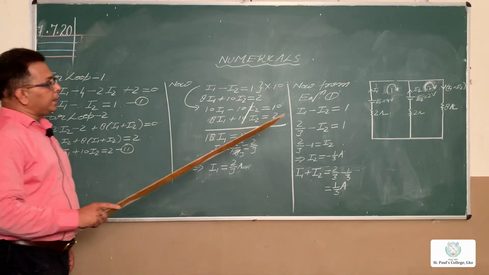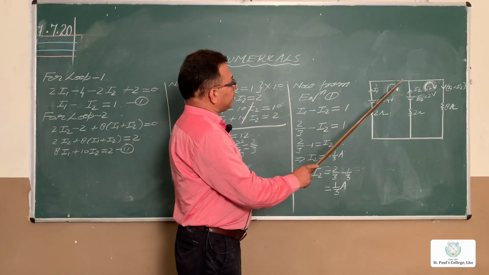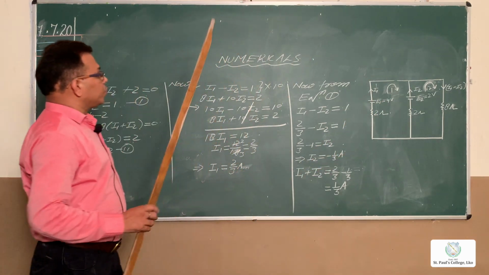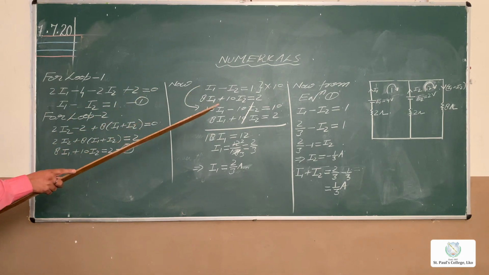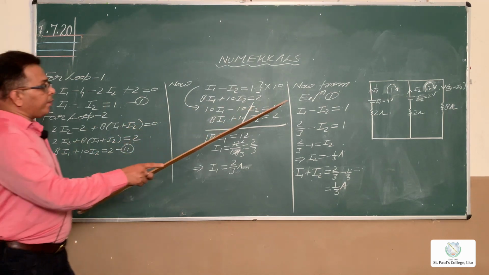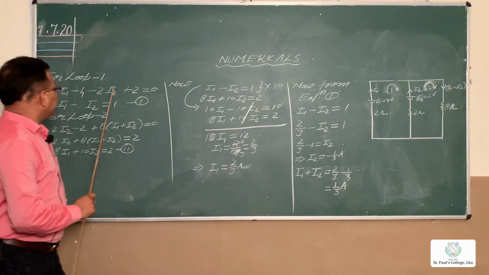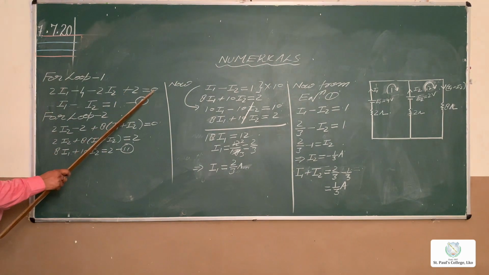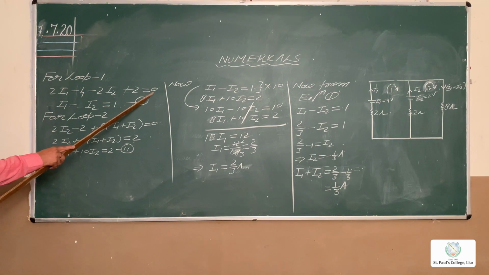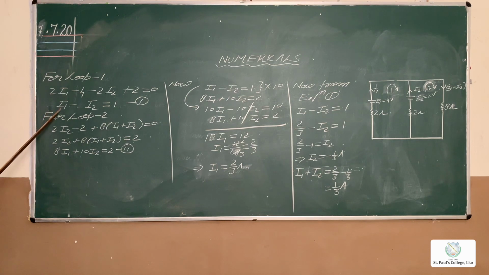Now, because this loop is completing through this path, which is the opposite direction of this current, you will take the product of I2 and 2 as negative, that is minus 2I2, and here the EMF will be positive, so you will write plus 2, and that will be equal to 0. Finally, you will solve this: 2I1 minus 2I2 is equal to 2. Divide the whole equation by 2, then you will write I1 minus I2 is equal to 1.